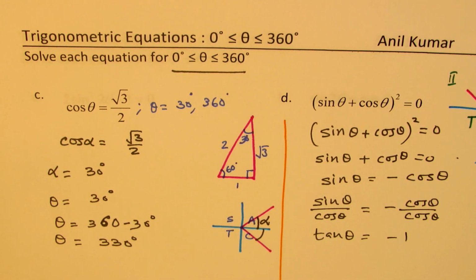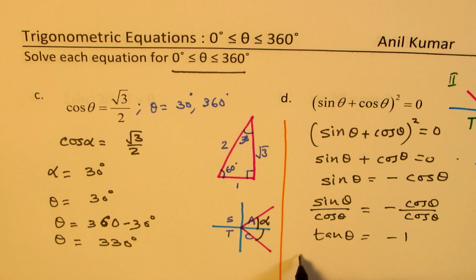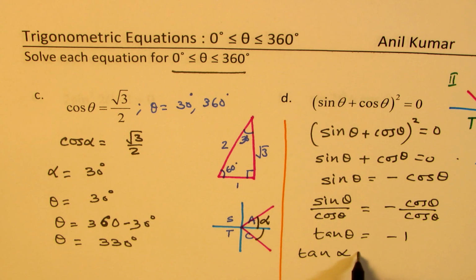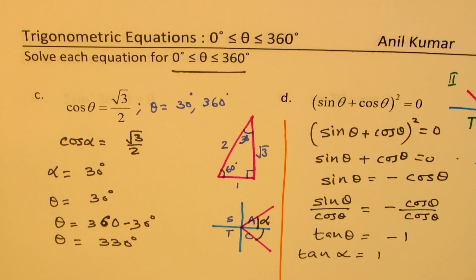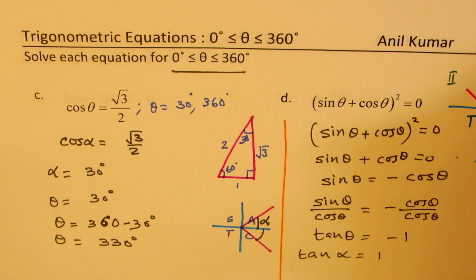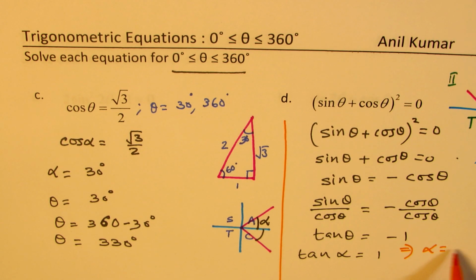Now to figure out the answer, we'll again look into tan of alpha, which is 1, right? So we can say tan alpha equals 1, that is to say the acute angle alpha. Now that is true when alpha equals 45 degrees.